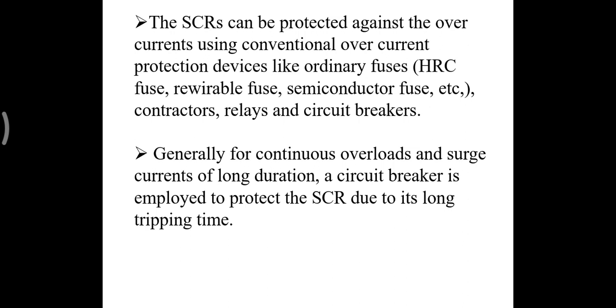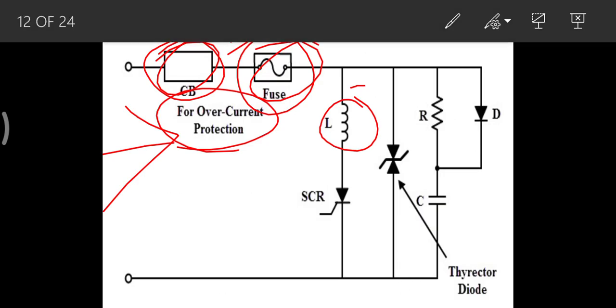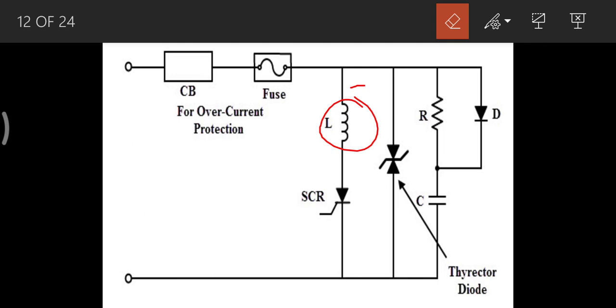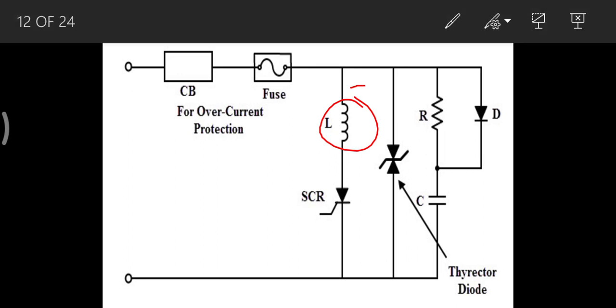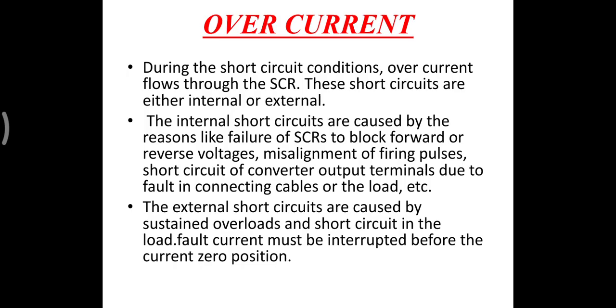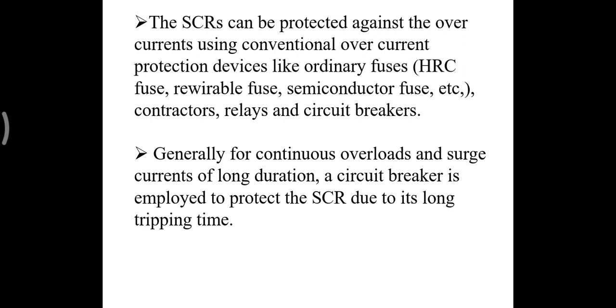The SCR can be protected against overcurrents by using protections like ordinary fuses, renewable fuses or semiconductor fuses. This fuse is either a normal fuse or an HRC fuse. Relays also, depending upon the rating, are used as this type of switch for the protection of the SCR.